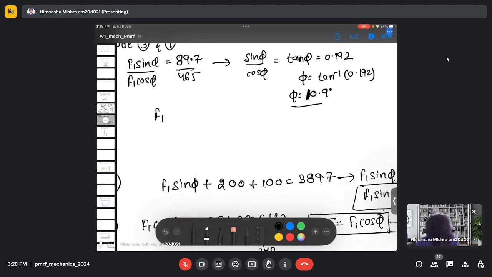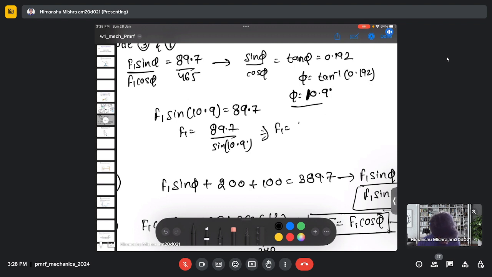So F1 sine 10.9 equals 89.7. So F1 will be 89.7 divided by sine 10.9 degree. If you calculate this, you will get F1 as 474 Newton.